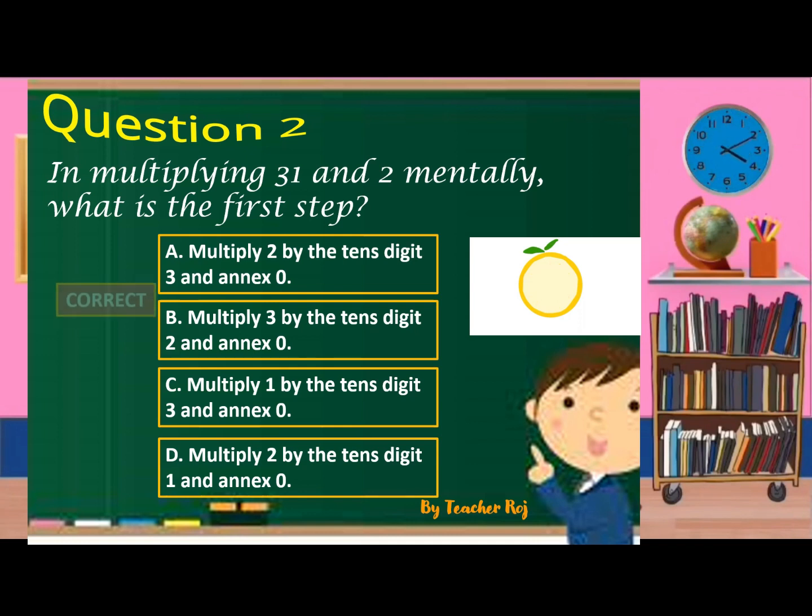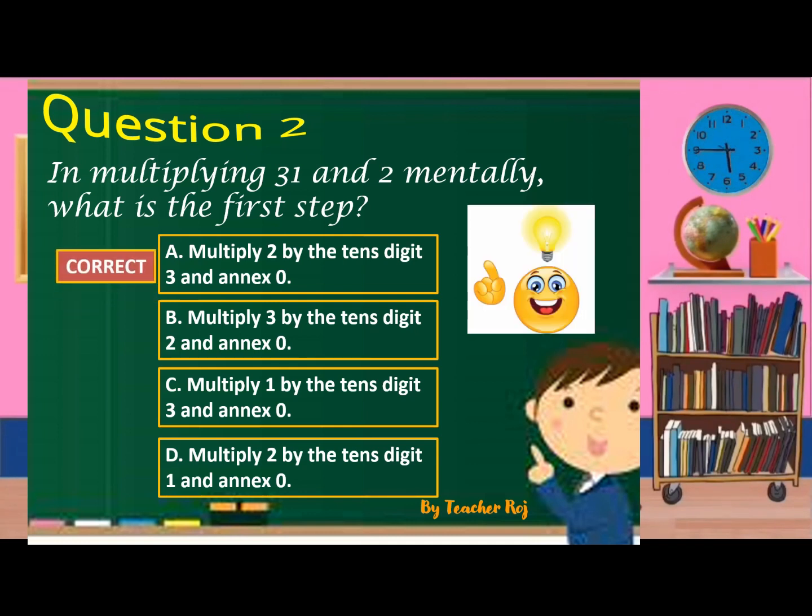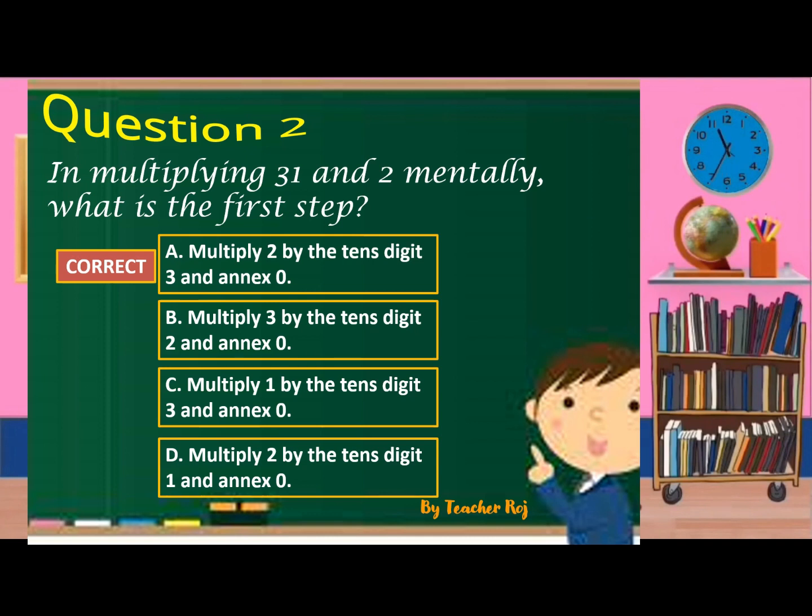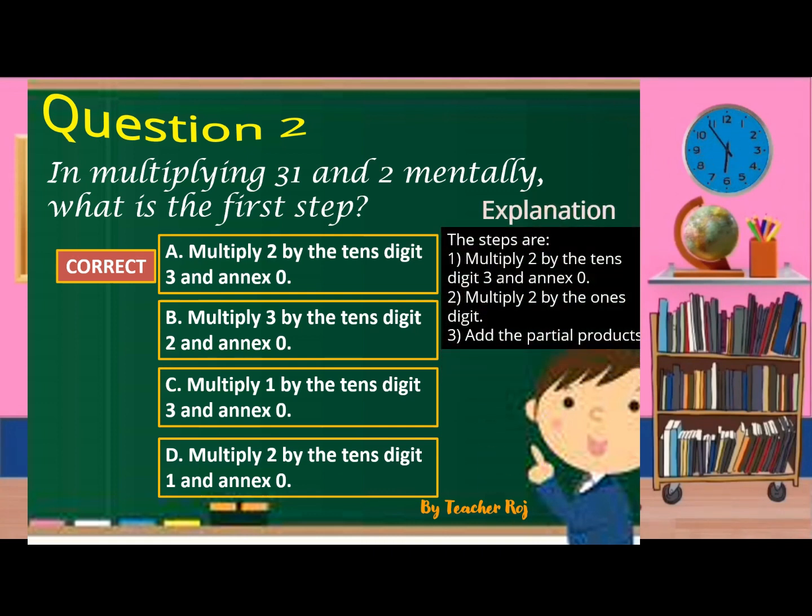And the right answer here is A. Multiply 2 by the tens digit 3 and annex 0. Ayan. Halimbawa, 3 times 2. Multiply 2 by the ones digit and add the partial products. Okay? So, in 3 times 2, that's 6. Then add 0, 60. Now, dahil ang 3 ay nasa tens place.